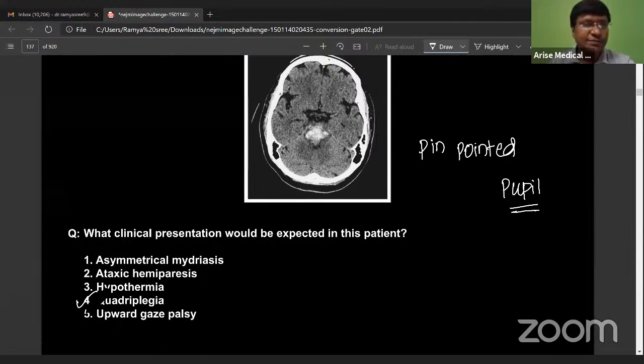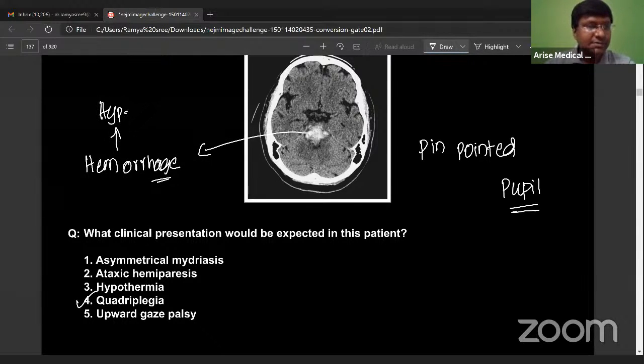But in organophosphorus poisoning, do you have any hemorrhagic lesions within the brain? Whatever the CT image is showing to you is a hemorrhage. Sir, how are you telling it's a hemorrhage? It's a hyperdense lesion. So a pinpointed pupil with a hyperdense lesion within the brain, what is that?